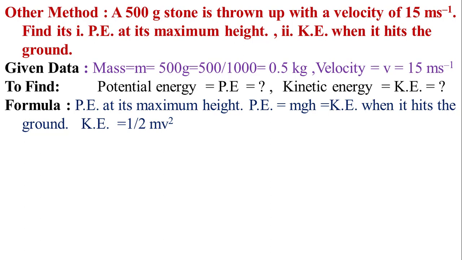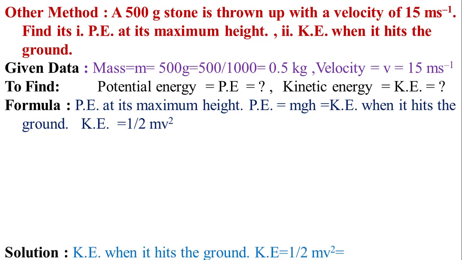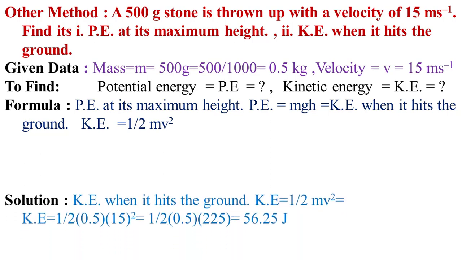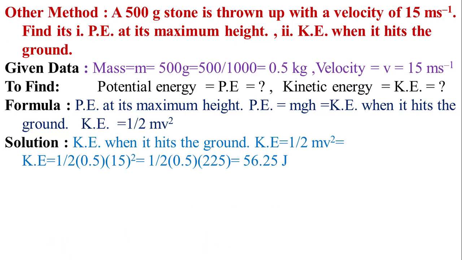At maximum height, total energy is equal to potential energy, and at the ground state, total energy is equal to kinetic energy. So kinetic energy when it hits the ground, Ke, is equal to 1 upon 2 mv square.